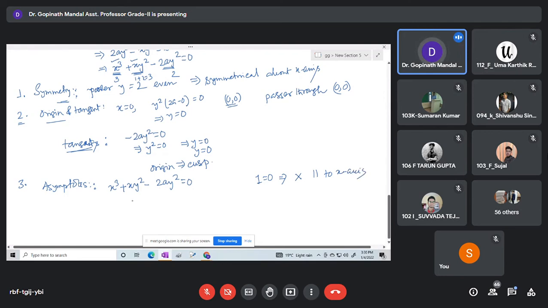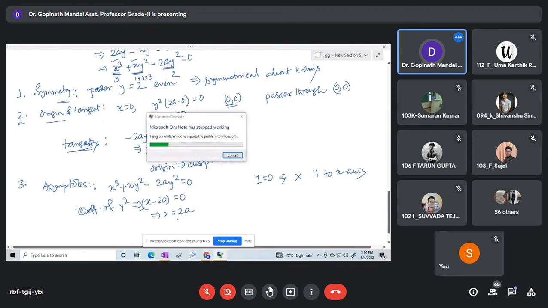Second is y square. The coefficient of y square is equal to x minus 2a. x minus 2a equal to 0. That means x equal to 2a.